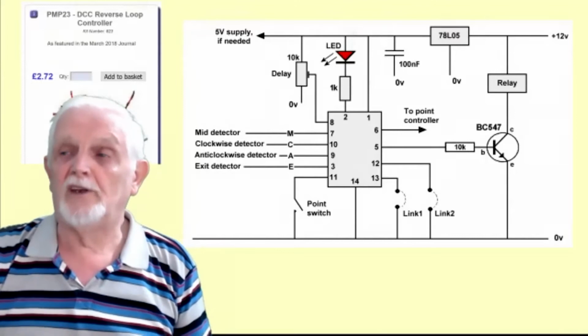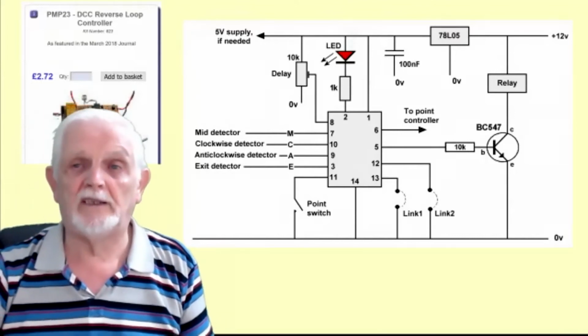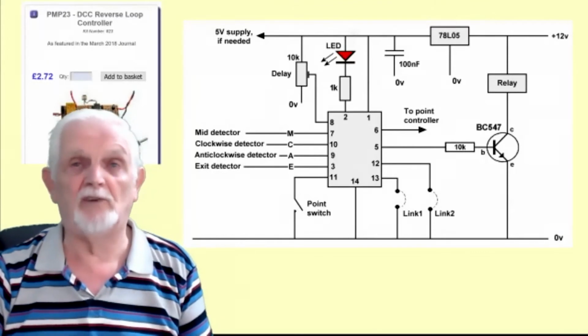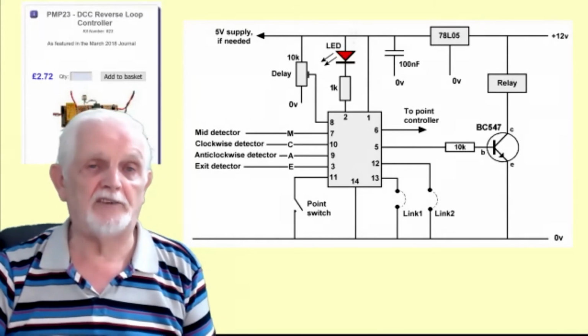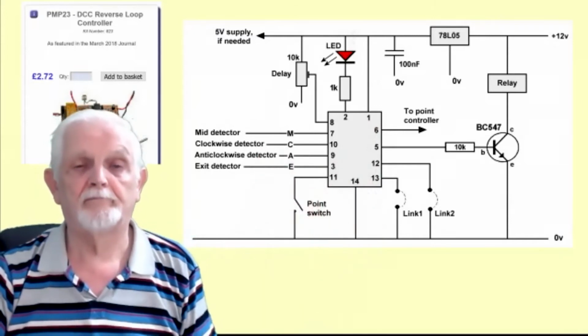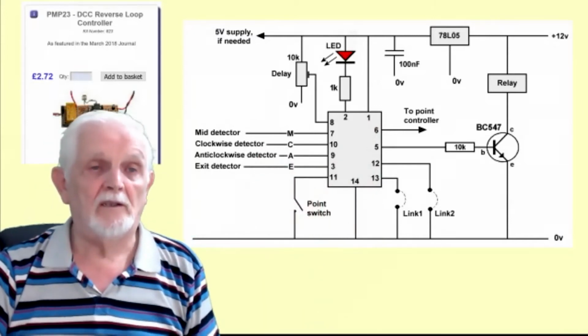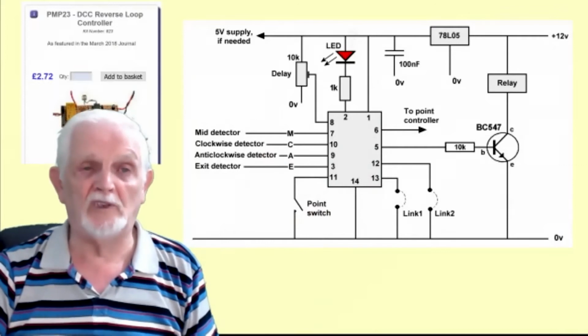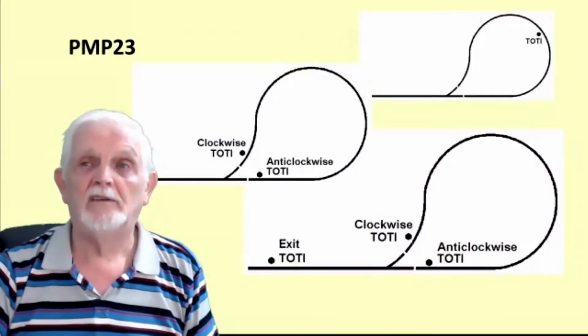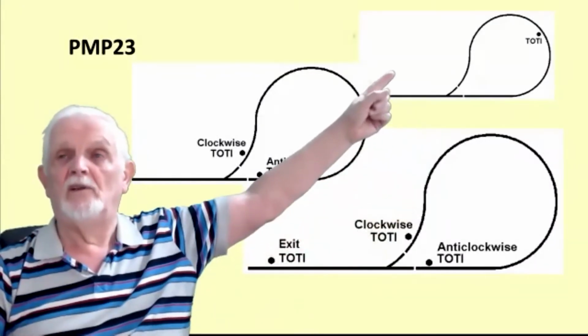It's less than £3 nowadays to buy. So not a lot in it. It's only a PIC, a transistor and a relay, essentially, and various detectors of your choice coming in. The minimum one is to have one single detector, which is the top here, one in the middle.